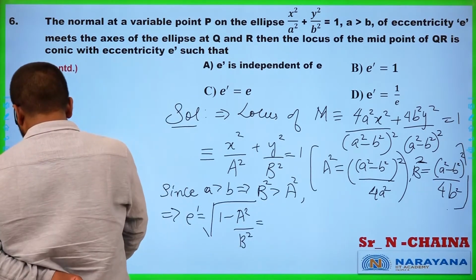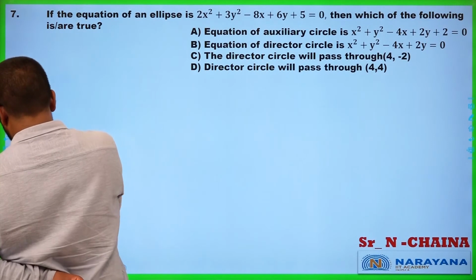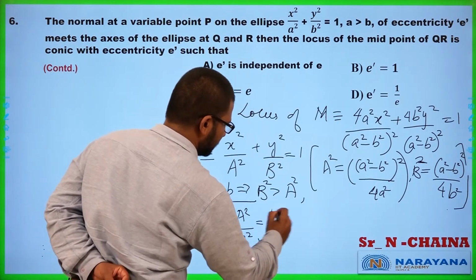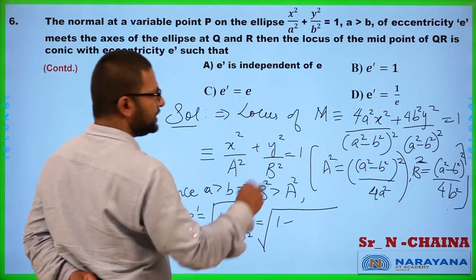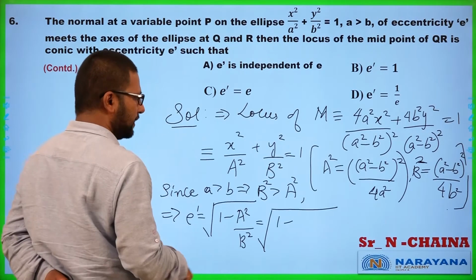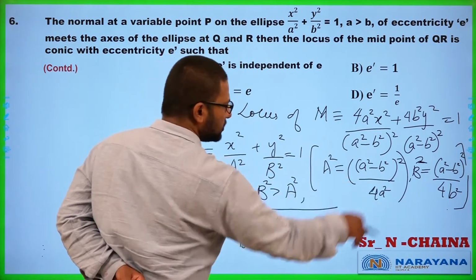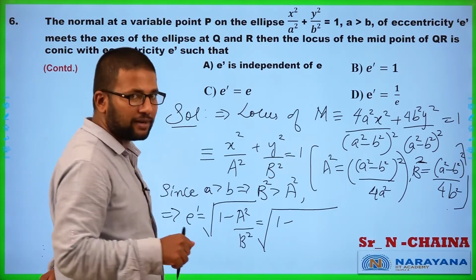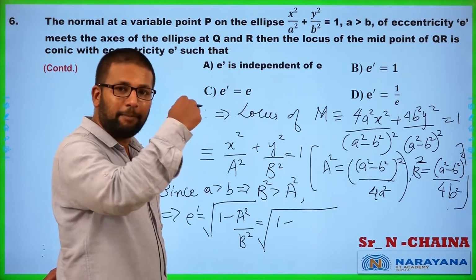How much would that be? That would turn out to be root of 1 minus, you see the numerators are the same, I can ignore them. In the denominator, 4 is also the same, so I can ignore that. 1 by a square upon 1 by b square, which means b square will come up.